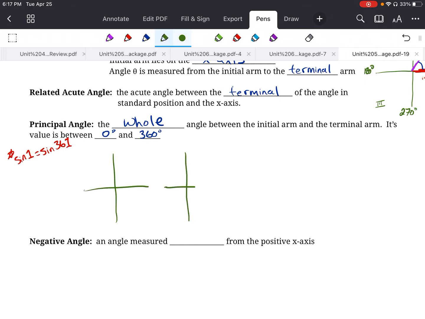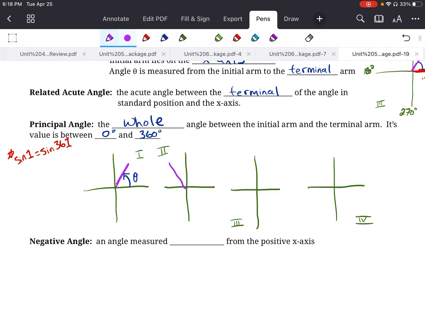So I'm just going to quickly draw 4 graphs. We have quadrant 1, quadrant 2, 3, and 4. So if we have a terminal arm in quadrant 1, this is your principal angle.